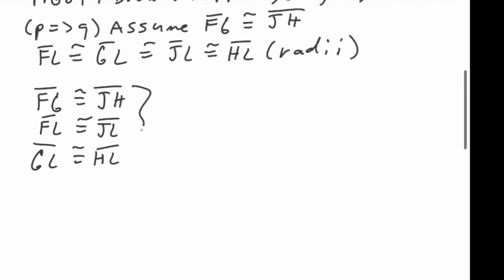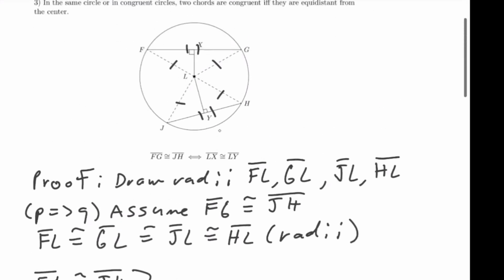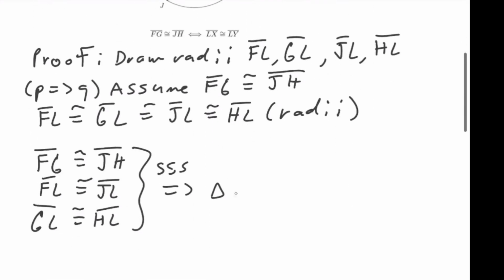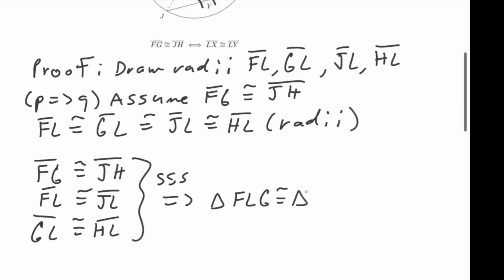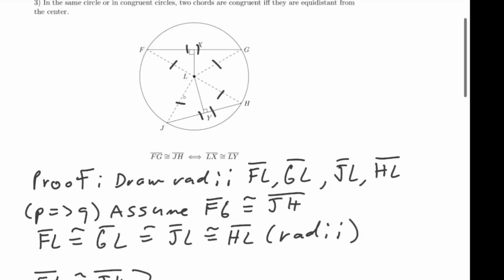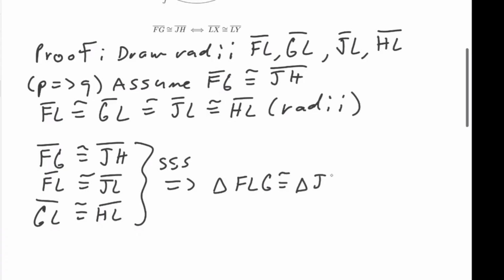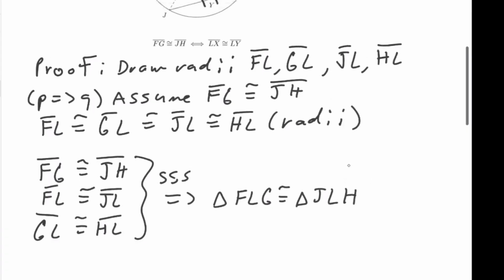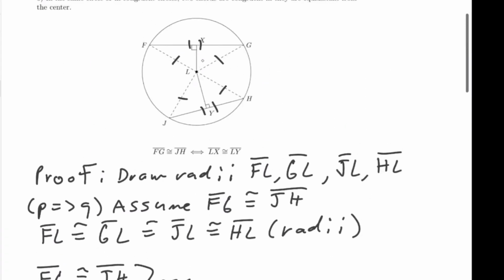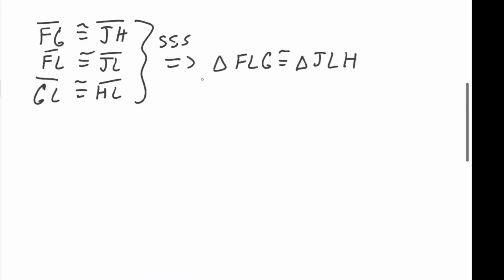So these three things together, by side, side, side, imply triangle FLG is congruent to triangle JLH. All right. So now that these two triangles are congruent, I know their areas are the same. So that means the area of triangle FLG must be equal to the area of triangle JLH.